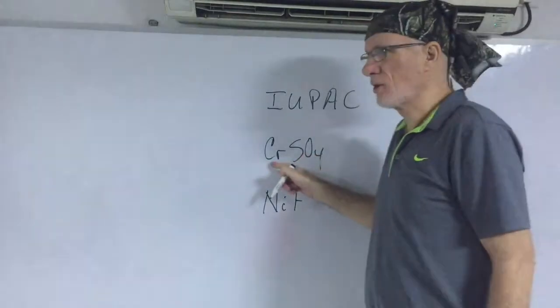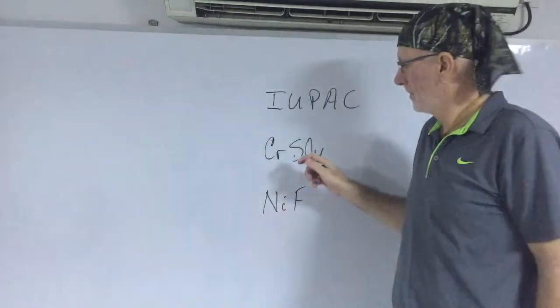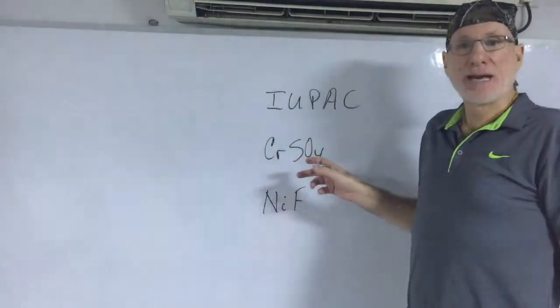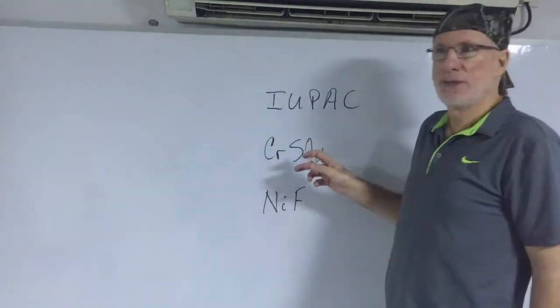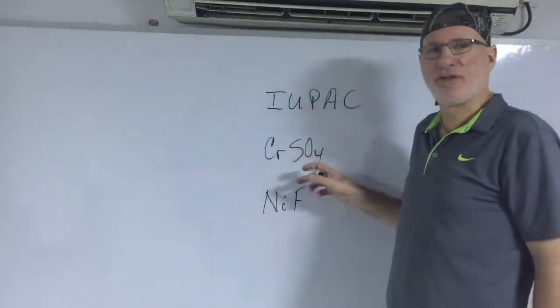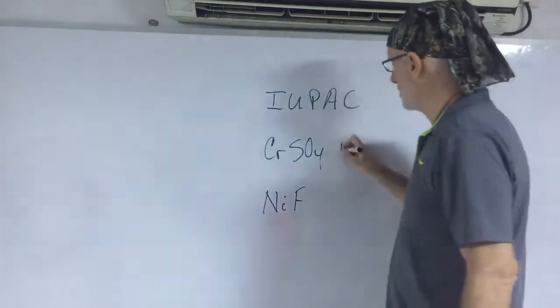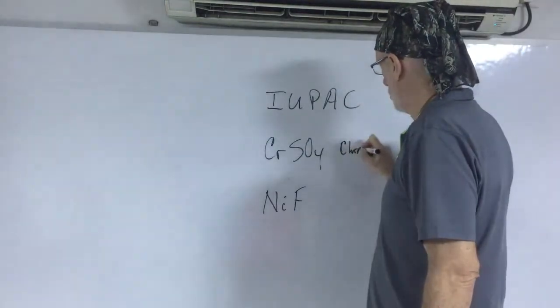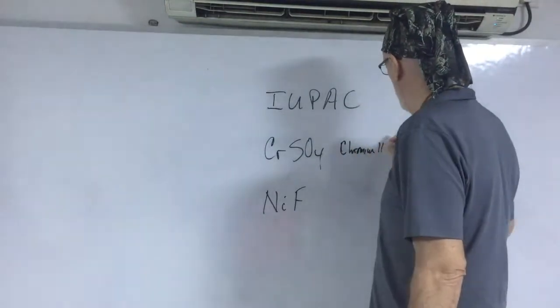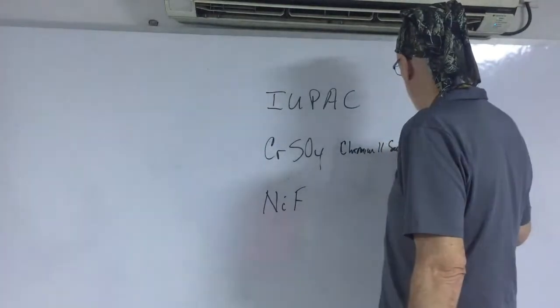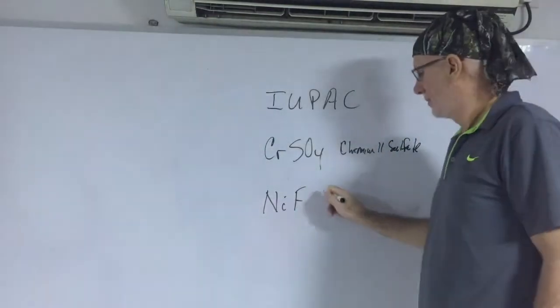Well, what's the charge of this chromium? What must it be? Yeah, it's got to be 2. Somebody say 2? Yeah. So it's chromium 2 sulfate. This is named chromium 2 sulfate. And you're writing just like this. Chromium 2 sulfate.